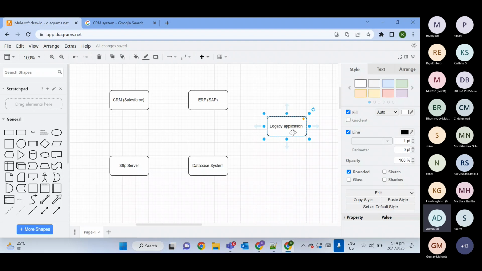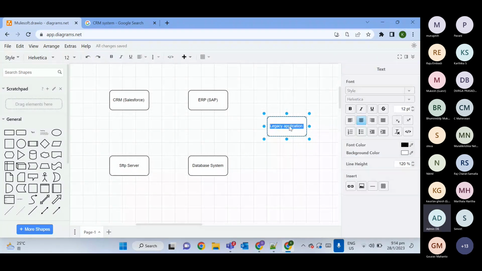A legacy system can be anything that has existed in the company for a long time, so they don't want to replace the entire system and want to continue with it. It can be a .NET application where you manage orders, or an AS400 system where you store data or do some processing. So let's say we have this AS400.